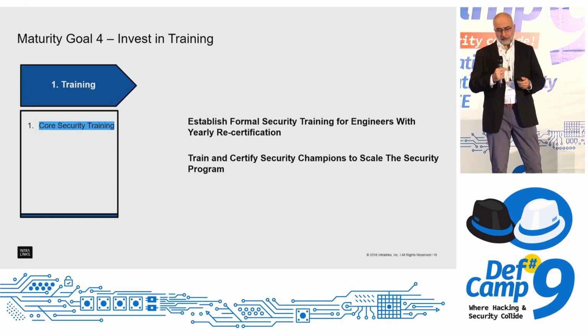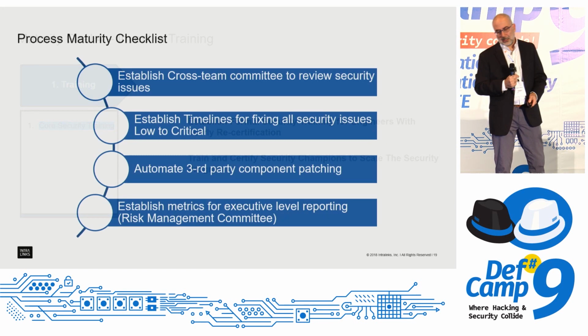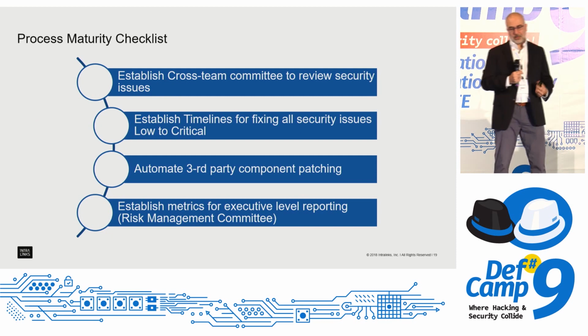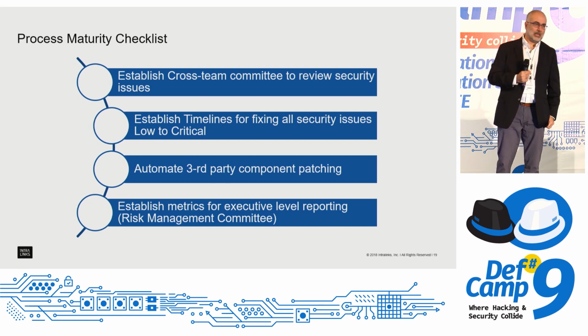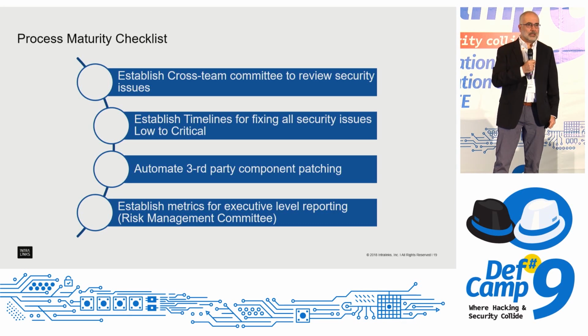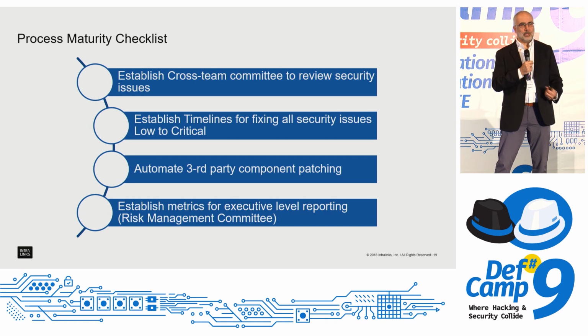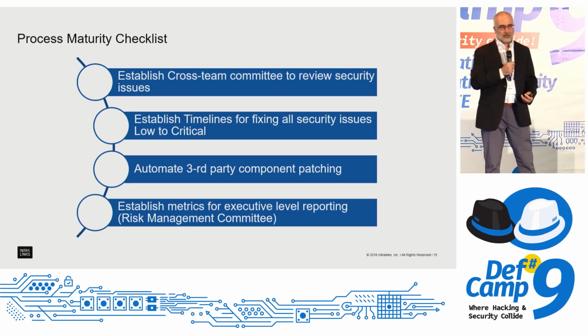So this is my maturity set of goals, and this is the checklist I came up with. It's very important to have a cross-team committee to review security issues. Because at the time you make the decision, you want to have the voice of everyone heard, the operations folks.